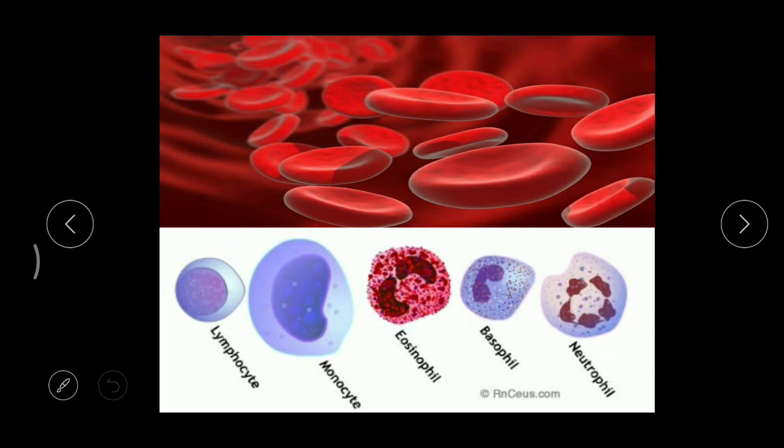Yeah, red colored cells. These are called red blood corpuscles or RBC, and these RBC have a biconvex shape. Biconvex means they are pressed on both sides, from the upper side and lower side, so we call that shape biconvex.